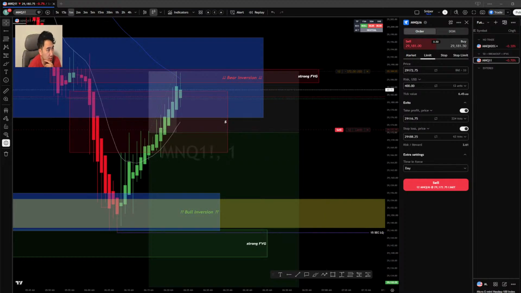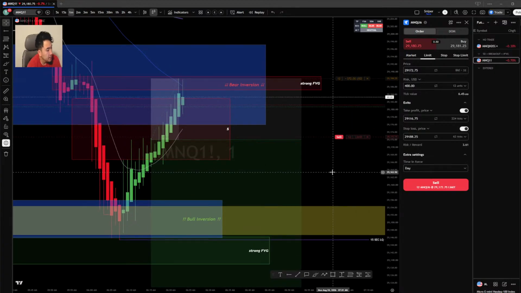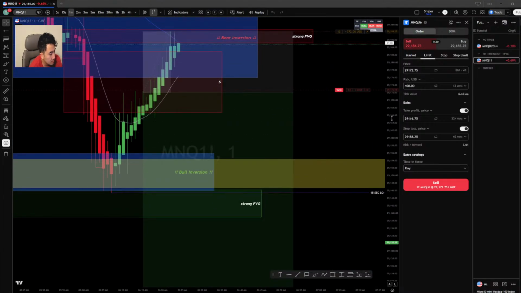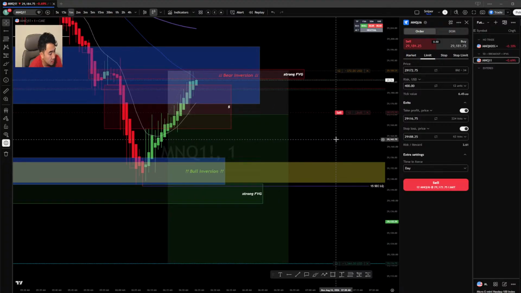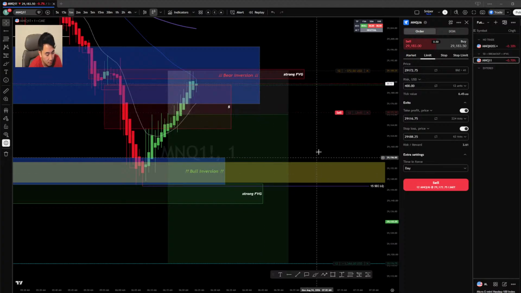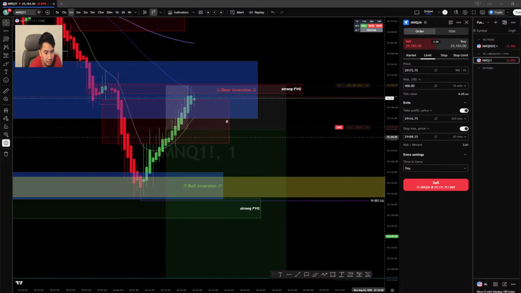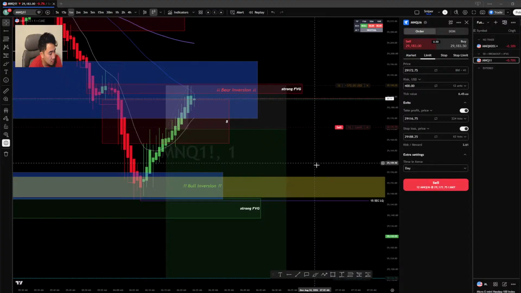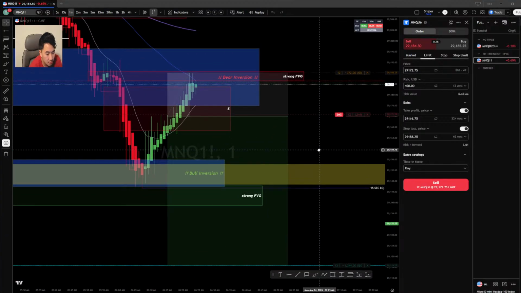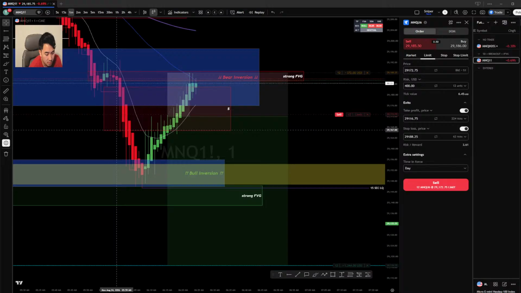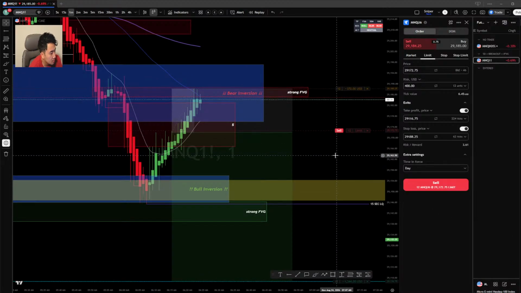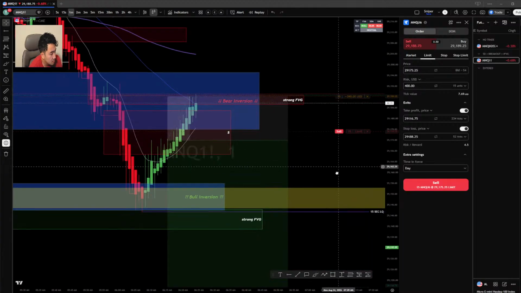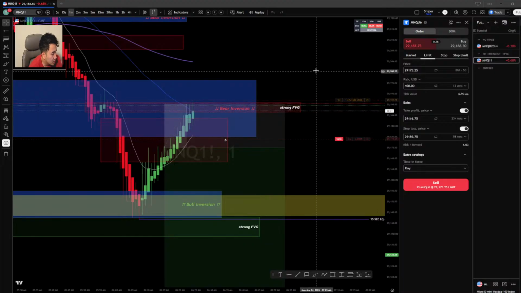Waiting for that candle close over the 13 EMA here for a possible entry. I'm just gonna keep continuing to adjust this here.